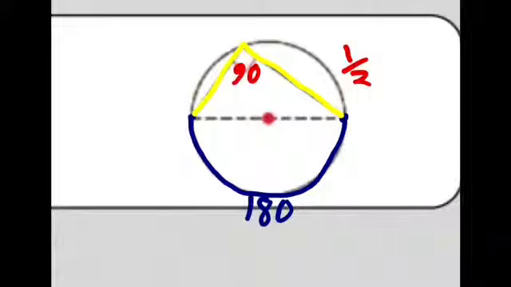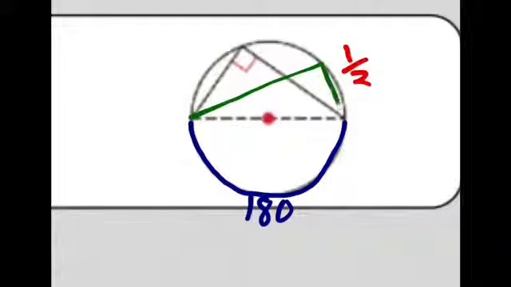And so, what if I had my angle right here? What would the measure of that be? Still 90, because it's still half of the intercepted arc. What if I had my angle right there?